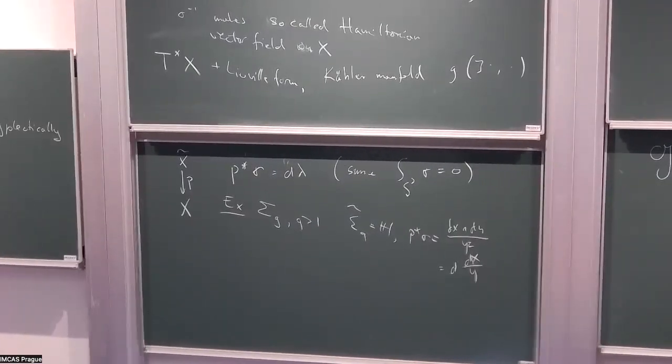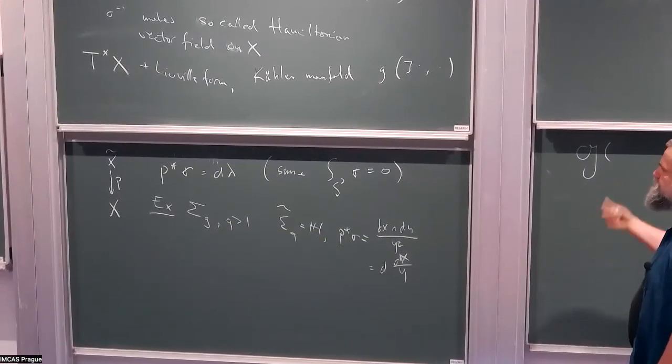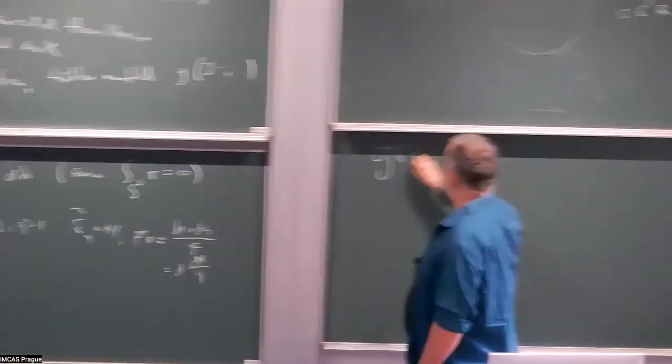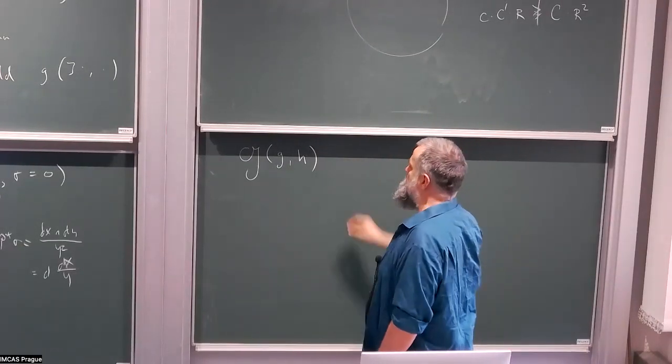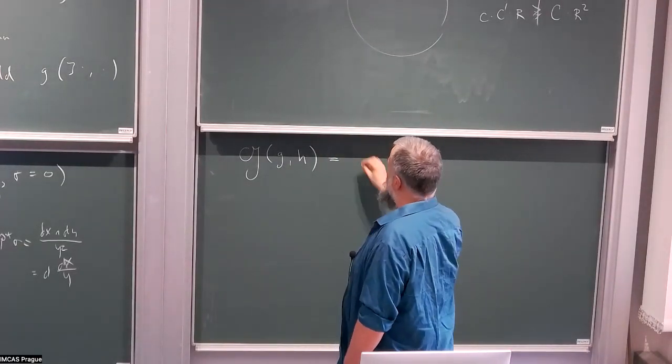Okay. So even on all the diffeomorphisms preserving sigma, I can define a map.